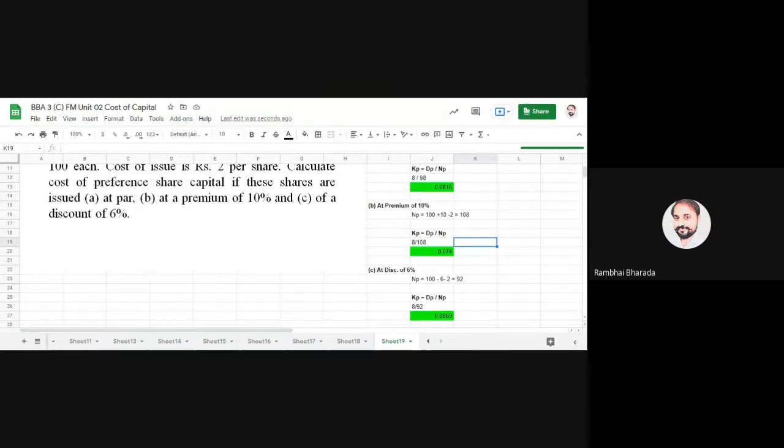That's up to you. If you leave it, no issue. Are we clear about this one? Cost of irredeemable preference.